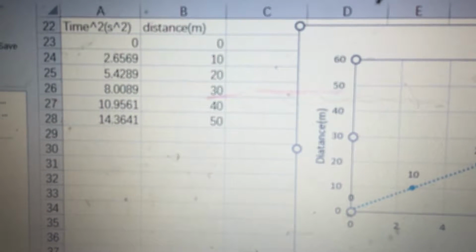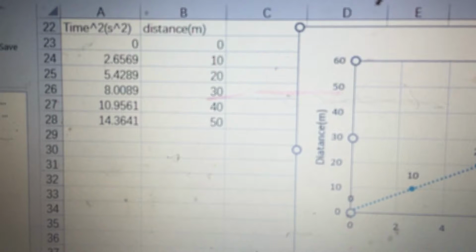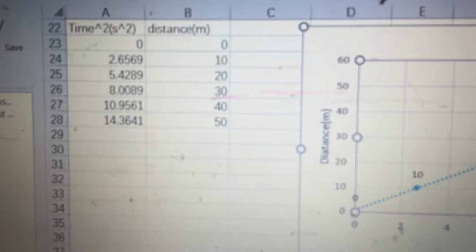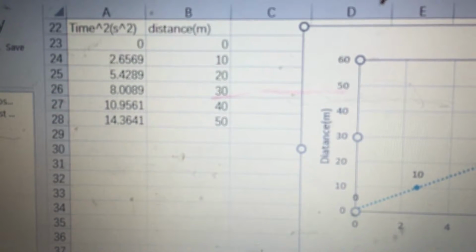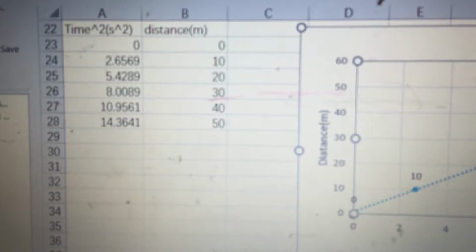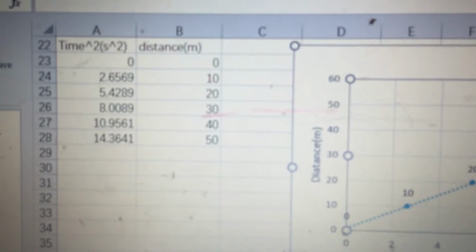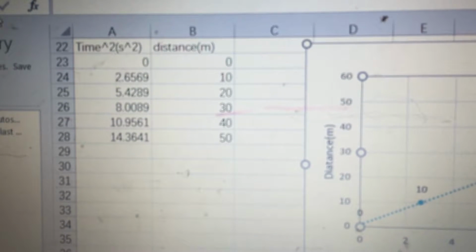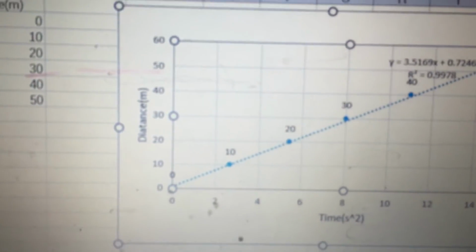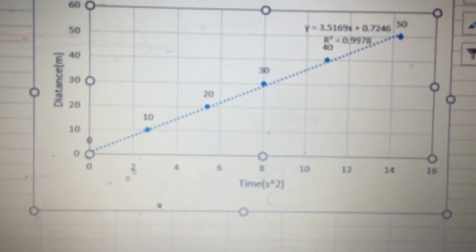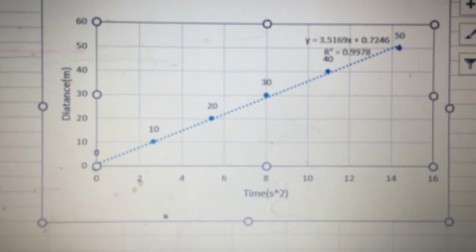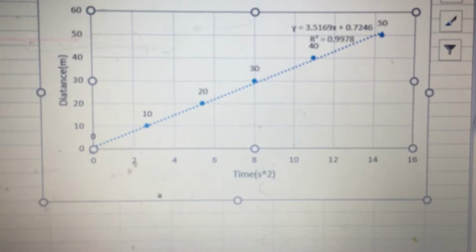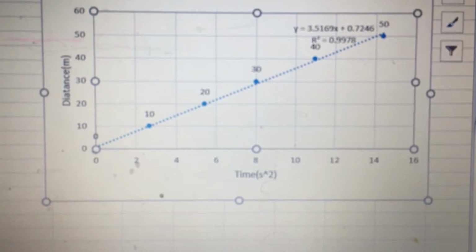For 3.31 seconds, I got 10.9561 second squared, and for 3.79 seconds, I got 14.3641 second squared. And for this I find a very strict line in the relationship of time squared and distance.